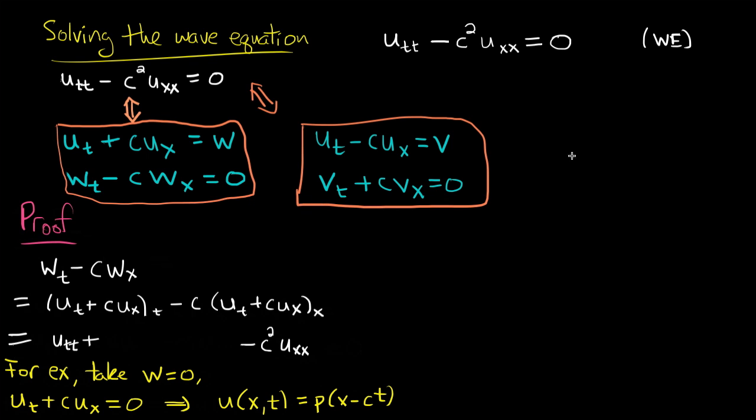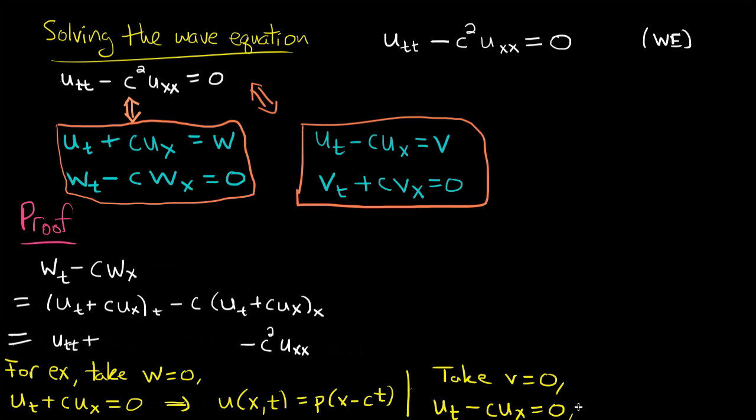What does this mean? Well, it means that I can redo this example just the same. I could take v equals 0. That's a perfectly good solution to this. Not the only one, I'm just doing an easy one, for example. Then I would have to solve ut minus cux equals v, which is 0.